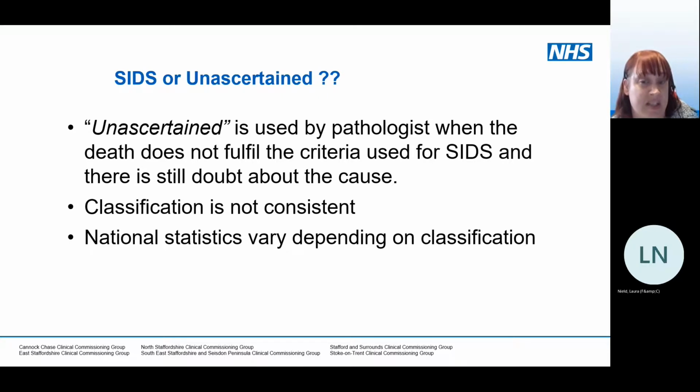It's not consistent, and the statistics possibly vary a little bit depending on the classification and the area where the death occurs. That's why we're looking further into this in this session. We'll look at the statistics on both causes of death in children under the age of 1.